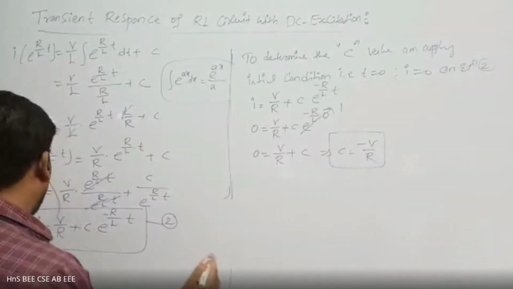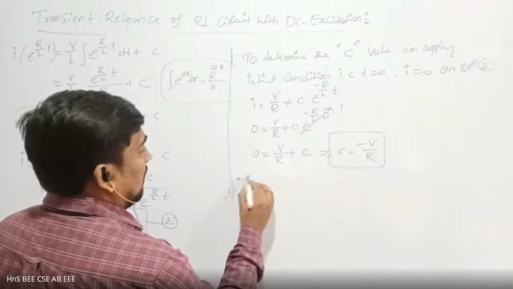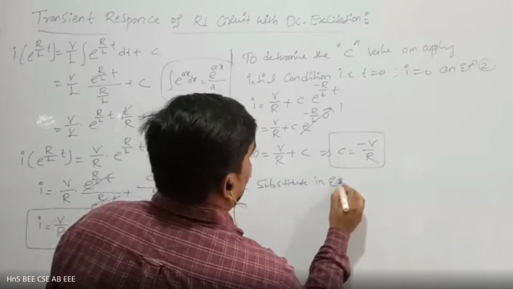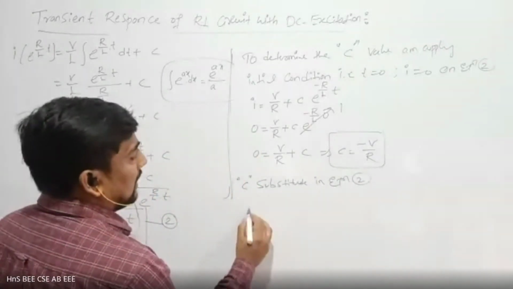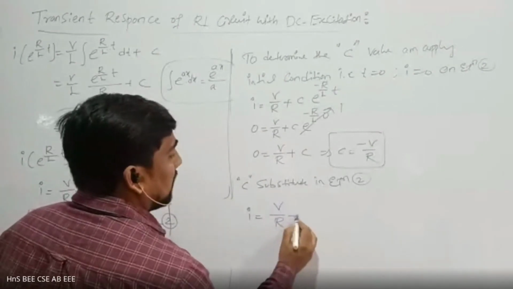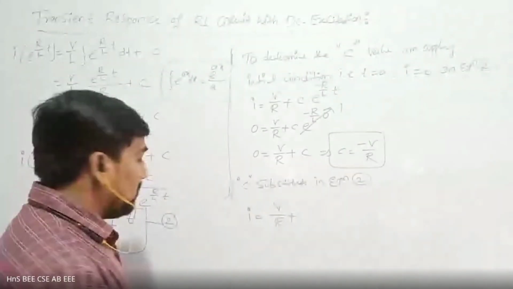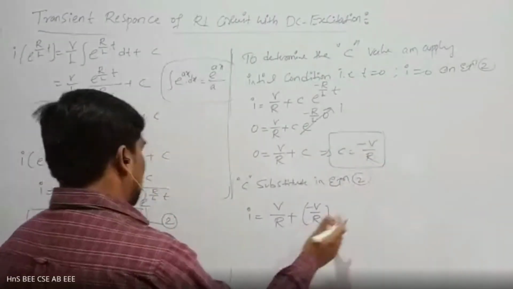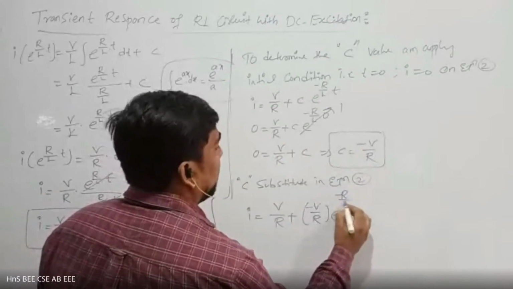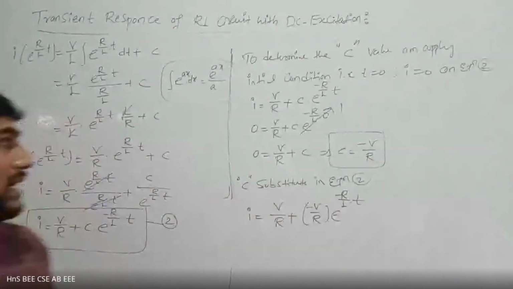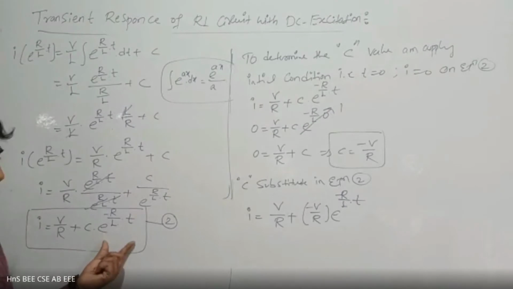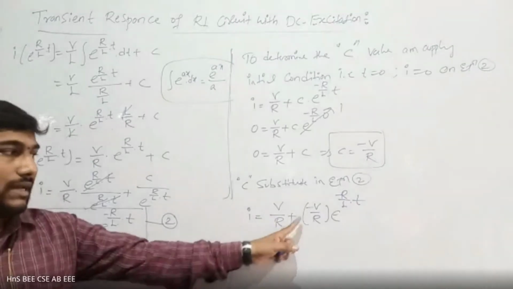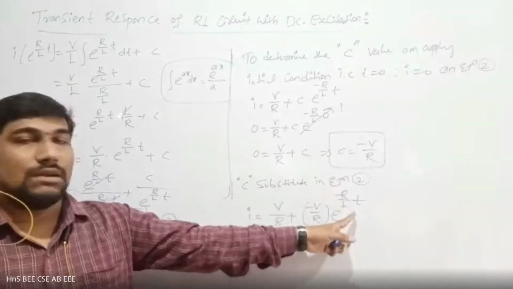Substituting c in equation number 2, we get current equal to v by r plus minus v by r exponential of minus r by l into t, because c equal to minus v by r.